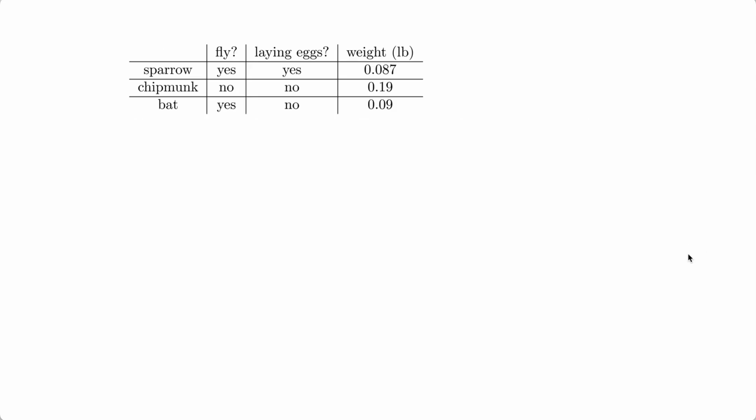Okay, so let's go to the animal idea. Here are some animals. Sparrow, does it fly? Yes or no? Does it lay eggs? Yes or no? What is its weight? So for the different animals, we need a way to represent these animals as vectors.